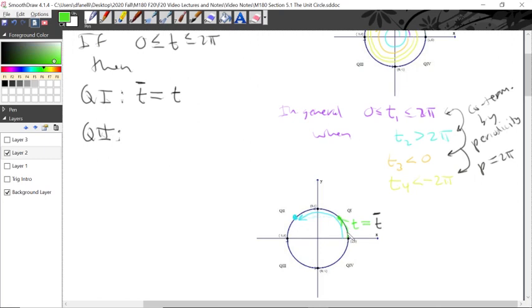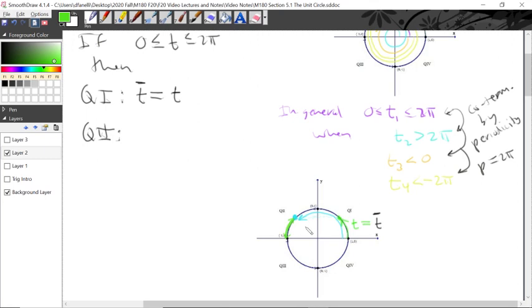That distance back in quadrant 1 must, by reflective symmetry, be equal to this distance right here, the remaining distance back to the x-axis. The reference number can always be thought of as the positive amount of distance back to the x-axis, whatever is the smallest amount.